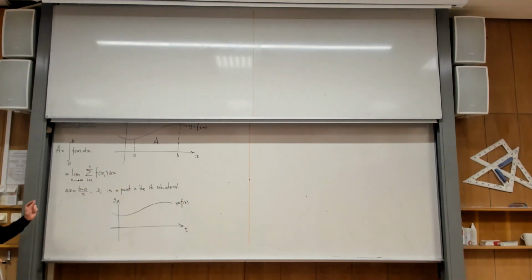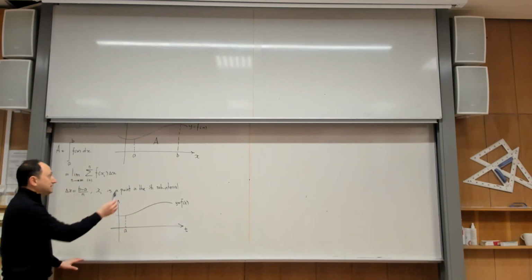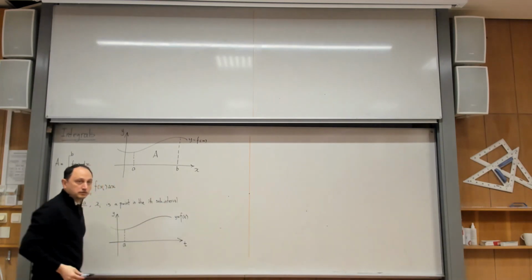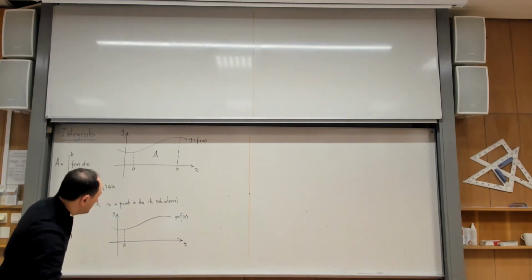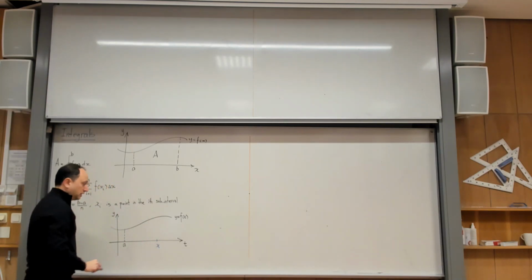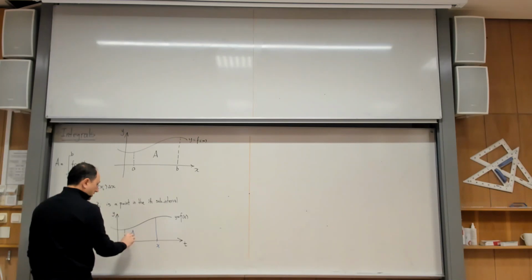I want to use x for another thing. I will fix one point here at point a, but I will let the second line go back and forth. So it means that I make it a variable. I will call it x now.